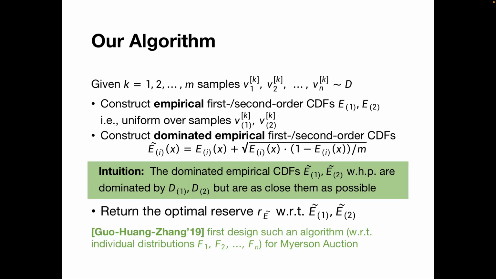The third step of our algorithm is that we use the dominated empirical CDFs in place of the actual value distribution, and we simply return the optimal reserve with respect to the dominated empirical distributions.